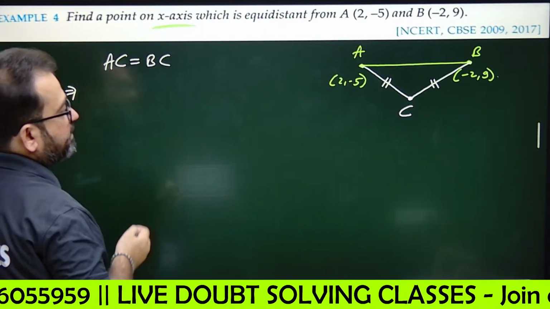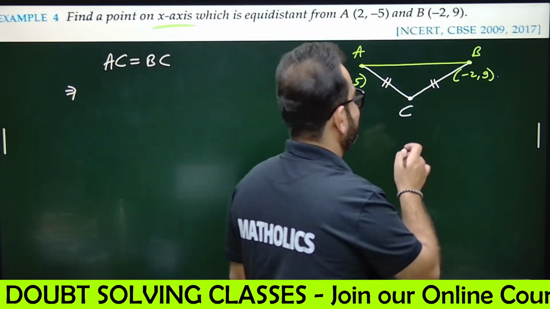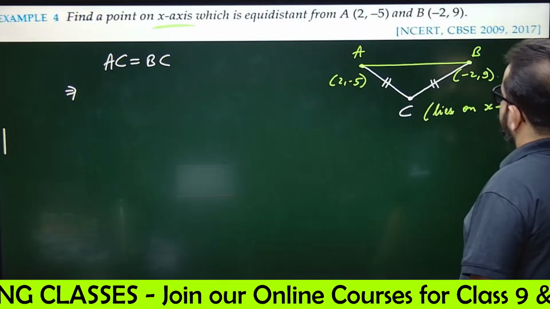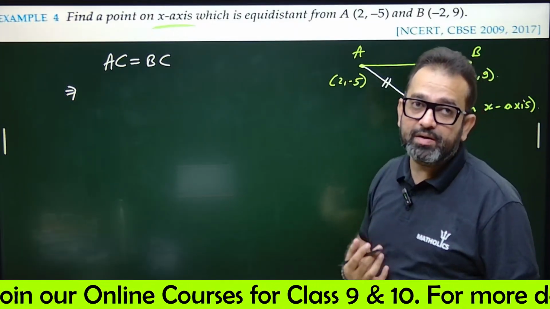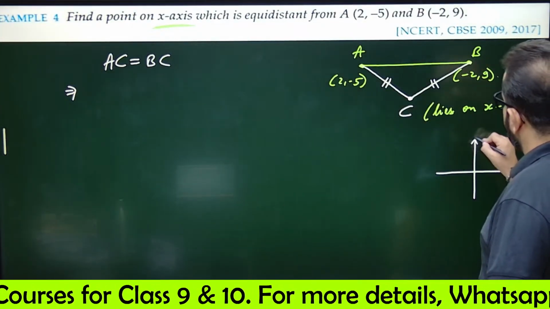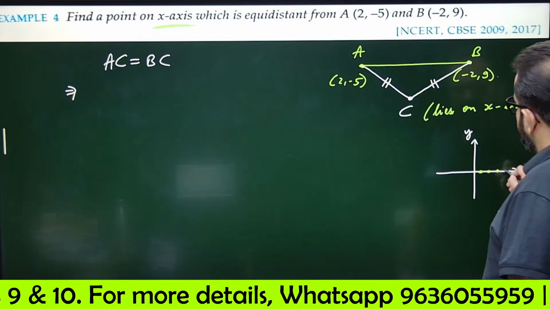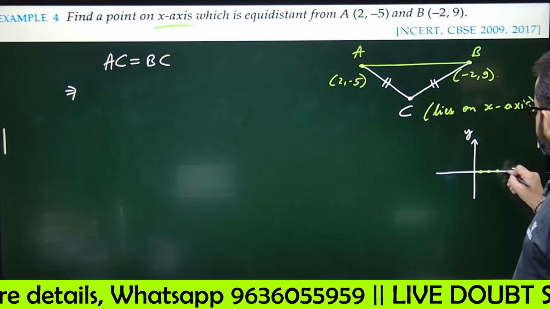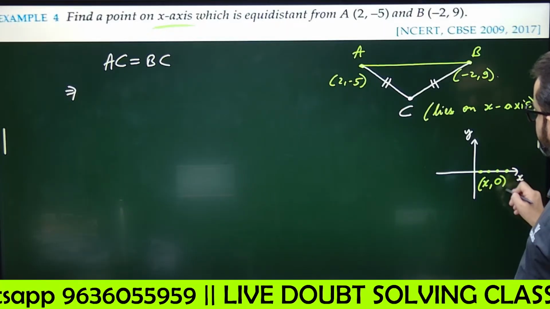Now what are the coordinates of C? See, we know that C is a point which lies on the x-axis, right? And the points which are on the x-axis have their y coordinate 0. If this is x and this is y, all the points on the x-axis will have some x, but the y coordinate will be 0.